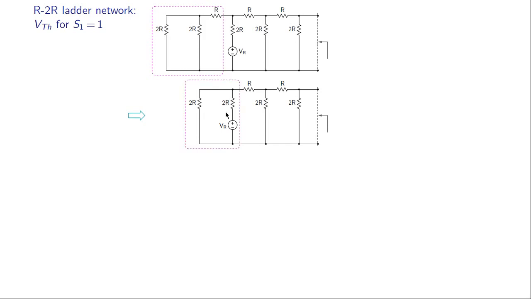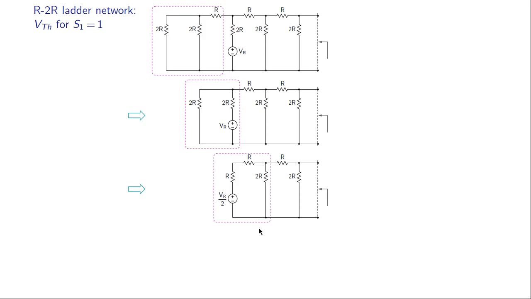And now we can replace this network with its Thevenin equivalent, and we have done that in the last slide. So we are going to get RTH equal to R and VTH equal to half of this voltage, like that. Let us continue.